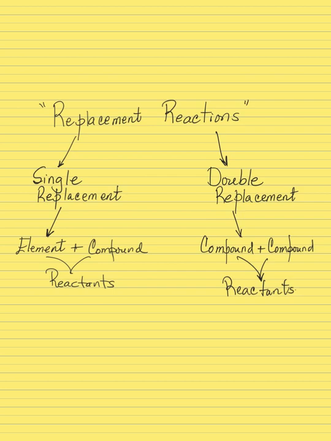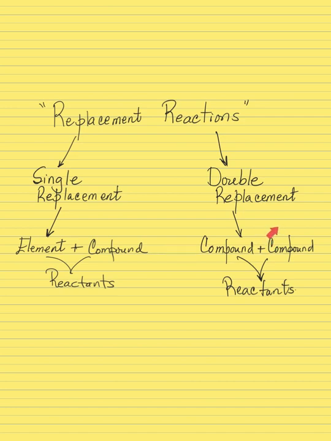Replacement reactions. We have two types: single replacement and double replacement. How can you differentiate them? If I'm telling you that iron is reacting with hydrochloric acid, do you have two compounds? You don't, so it's not a double replacement.